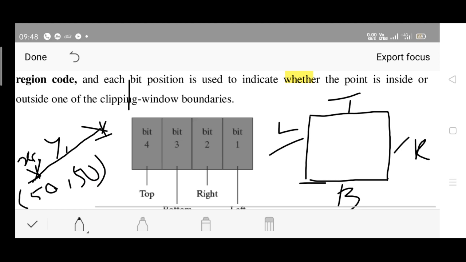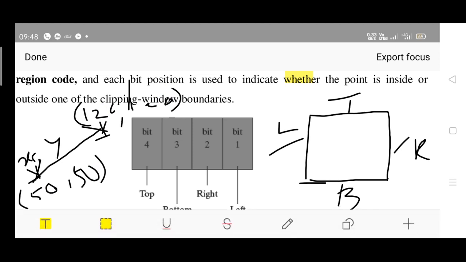You are supposed to provide one more point. Let it be 100, 100 or 120, 120, whatever the value can be for the line segment. So the total number of input values you are supposed to give to the system is 4: the first 2 values are x1, y1, and the third and fourth values are x2, y2. After the rectangular clipping window is defined, you are supposed to provide the input line segment.